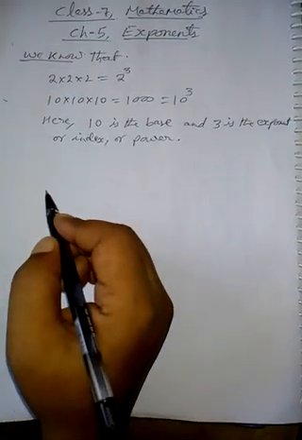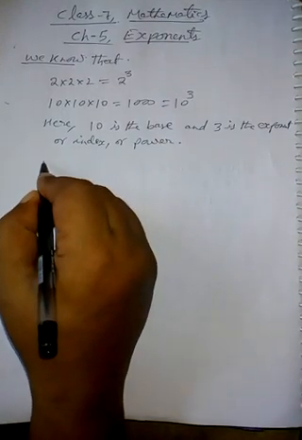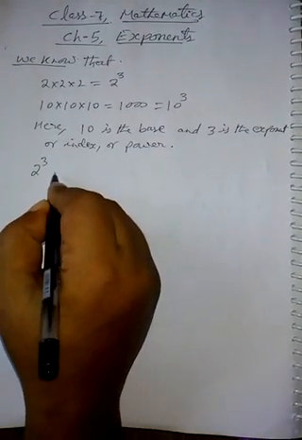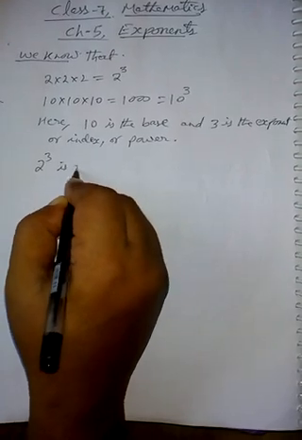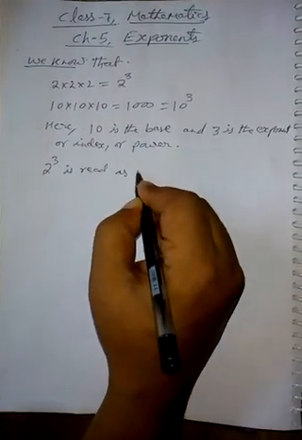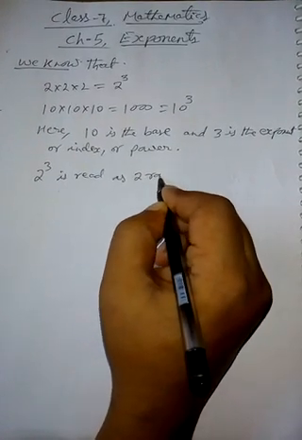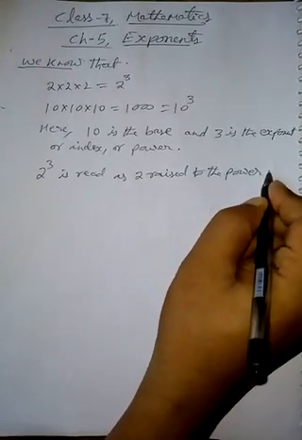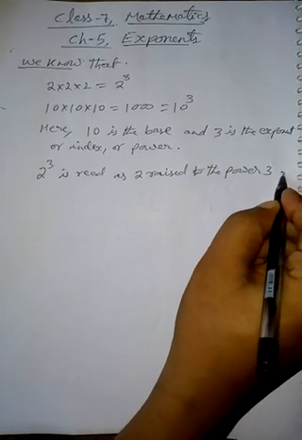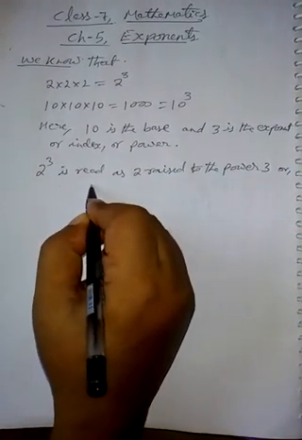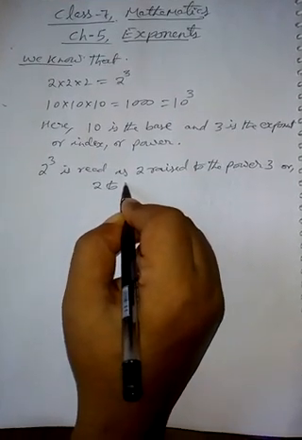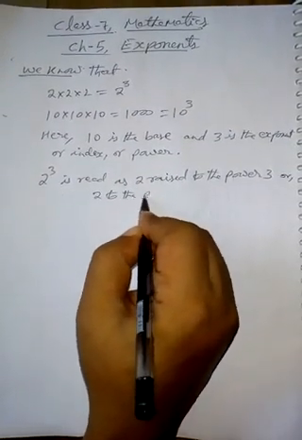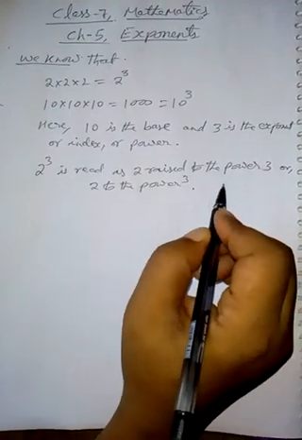So what we read here, suppose we write 2 to the power 3, 2 cube, is read as 2 raised to the power 3, or 2 to the power 3.